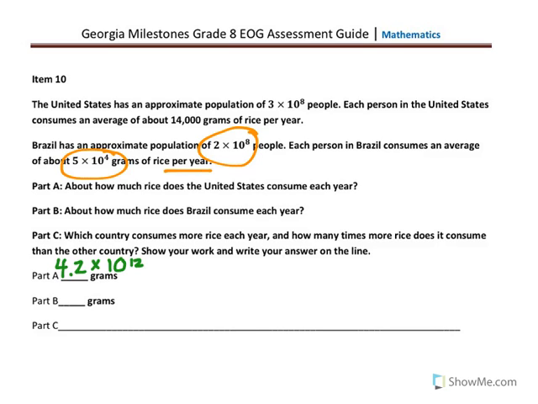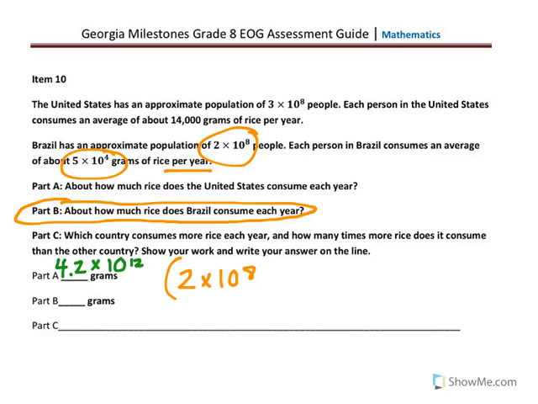So this means that we're going to multiply these two numbers again, because it wants to know how much rice does Brazil consume each year. So we would take the numbers 2 times 10 to the 8th and 5 times 10 to the 4th, and we would multiply those two numbers together. They're both in scientific notation, so we can just go ahead and multiply.